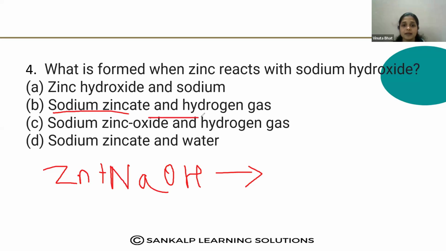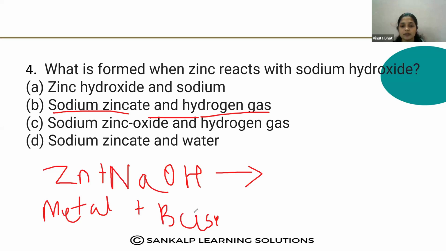Sodium zincate and the hydrogen gas is released. So this is the metal and this is the base. When the metal reacts with the acid, it forms the salt and hydrogen gas is released. So here also, when the metal reacts with the base, it also forms the salt plus hydrogen gas is released.